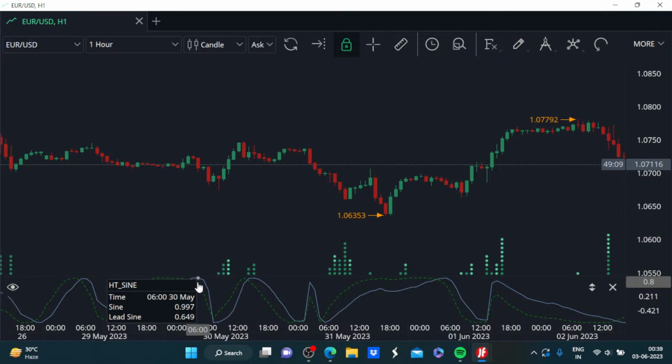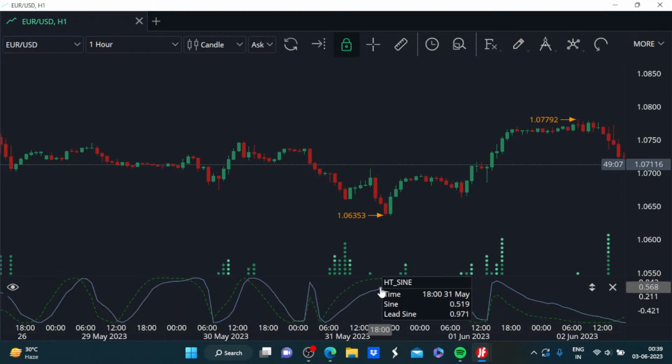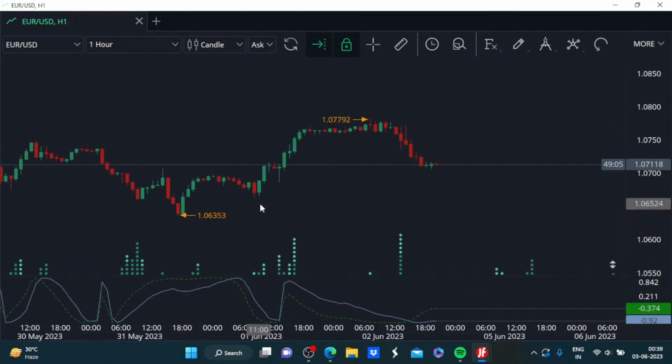So using this indicator, the Hilbert transform sine wave, you can make these criteria much easier to understand and use on the chart.